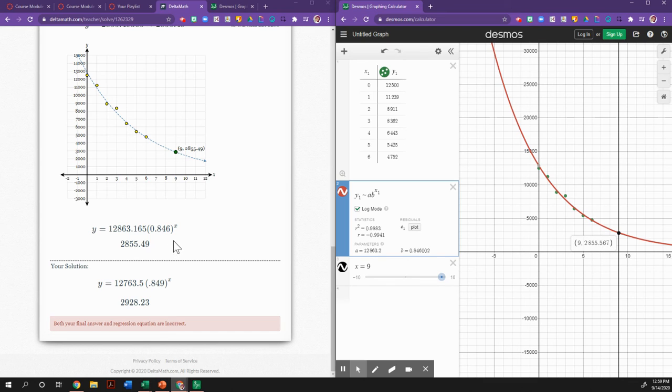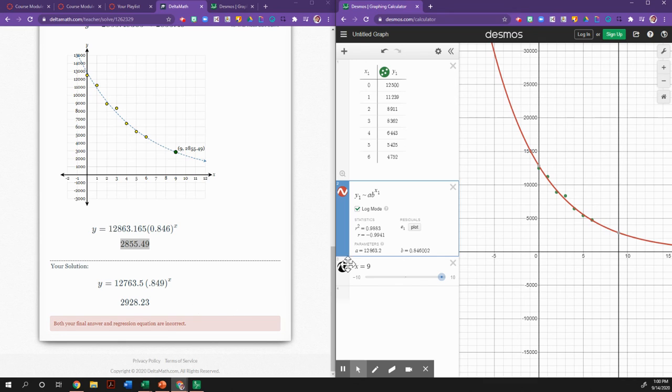Here's what I need you to understand about these 5 problems. If your answer is close, and I mean close like this is close, when I'm looking at Delta Math, even if your solution is marked wrong, I don't want you to redo the problem.